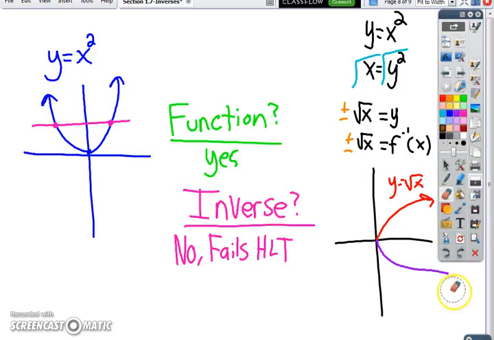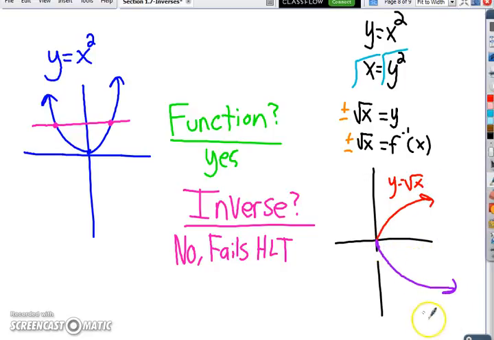Now, that's a terrible graph, I admit. But if you drew a better graph than that, that's y equals negative square root of x, you'll see that this equation, what I think would be a function, fails the vertical line test right there.